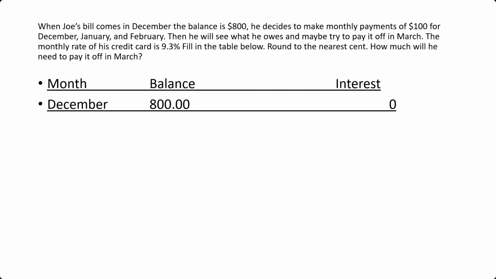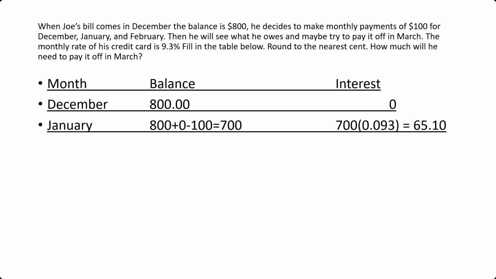Remember, you take your balance, add your interest, and he's gonna make $100 payment. So we have $800, 0, because that was the interest. If you pay a credit card off as soon as you get it, or within that 30 days, you don't owe any interest the first time.